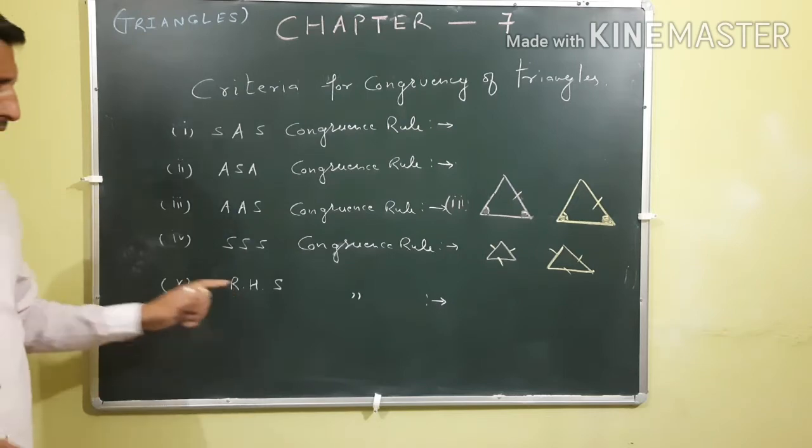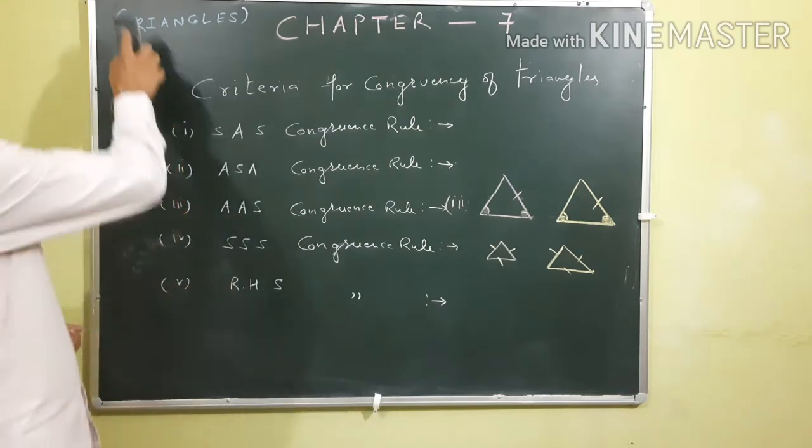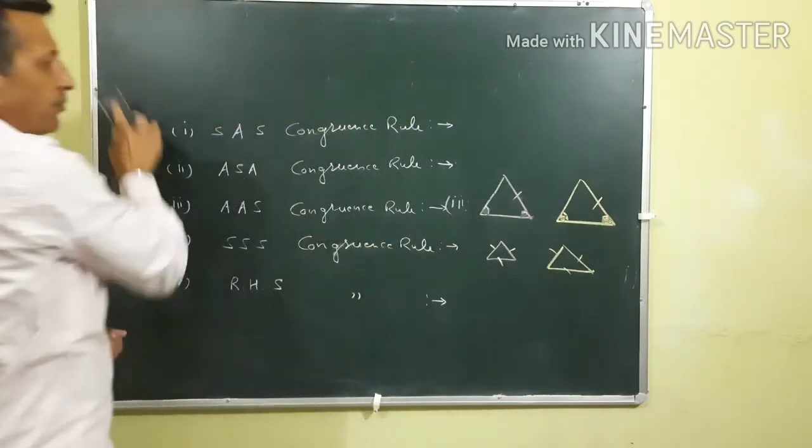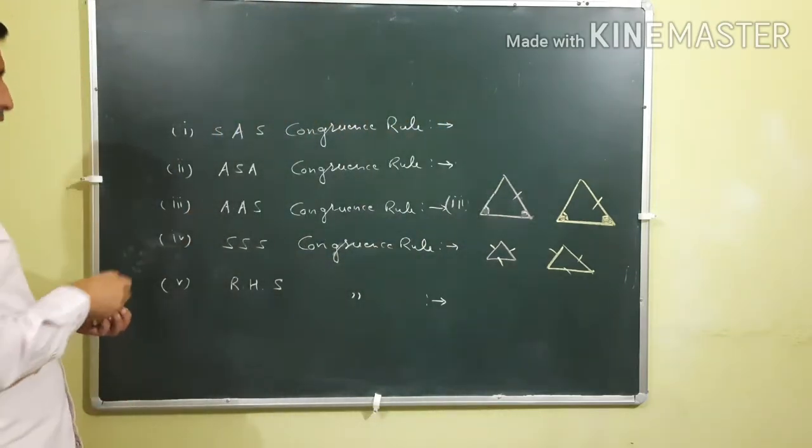And last is the right angle triangle rule, this is your fifth rule.